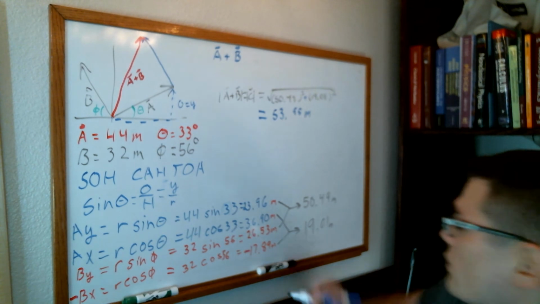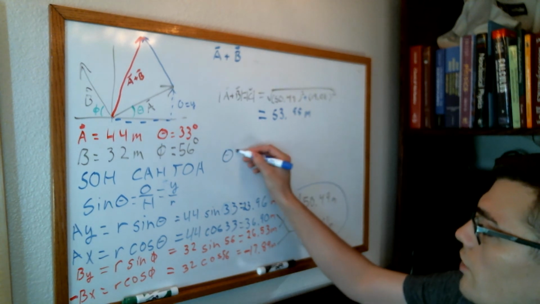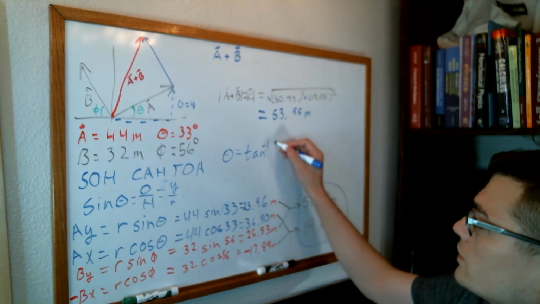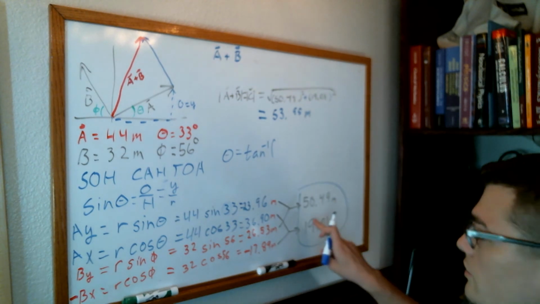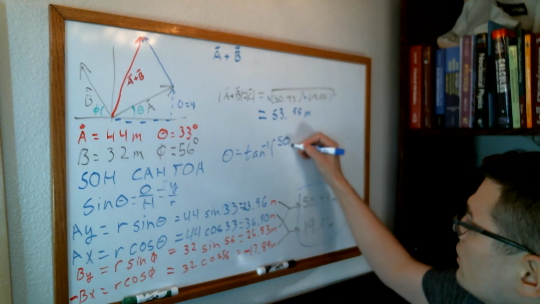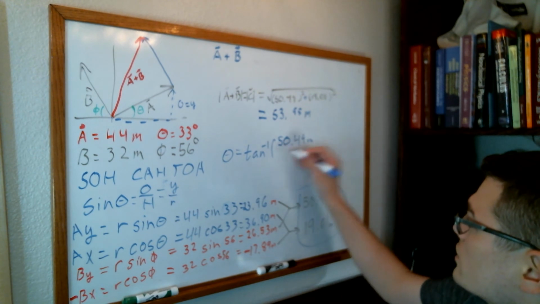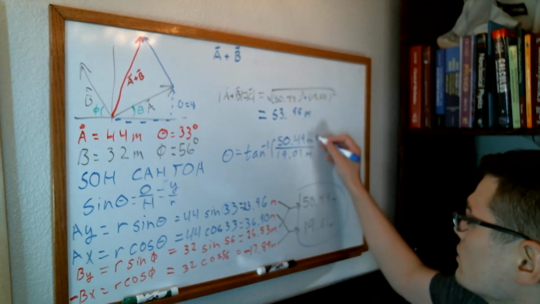And now, since we've already got these two in components, we can just take our theta function here for inverse tangent. So this is our y component, so we'll have 50.49 meters over 19.01 meters.